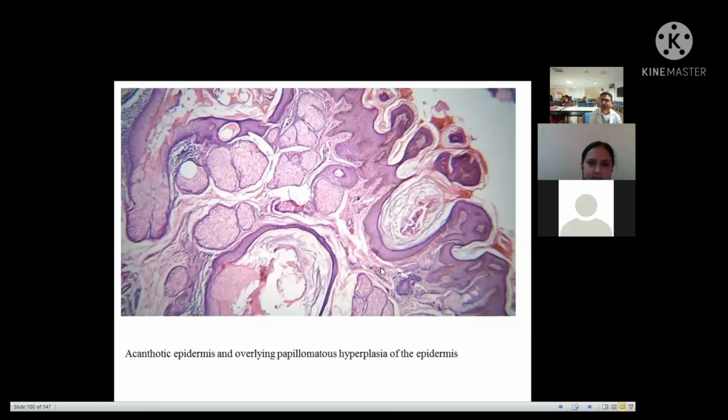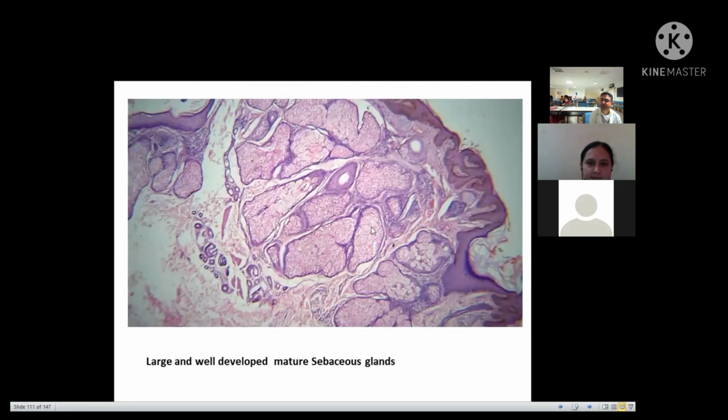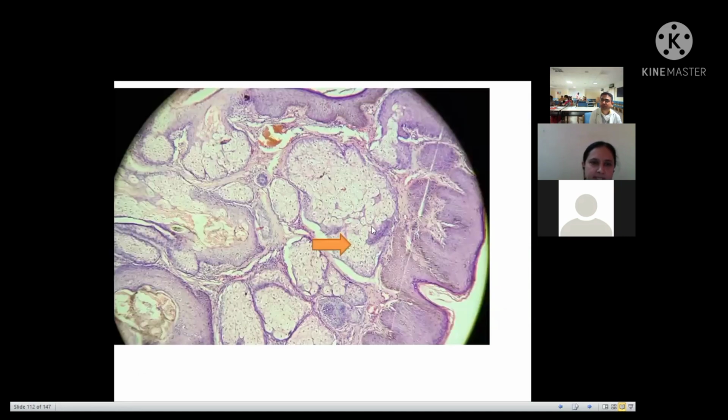This is a scalp lesion, and in some areas we see a lot of sebaceous glands with hyperplasia, and these sebaceous glands at a few places are directly opening to the surface. Normally, sebaceous glands open into the hair duct, but here they are opening directly to the surface.